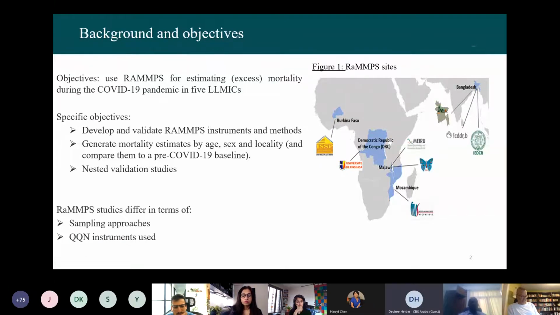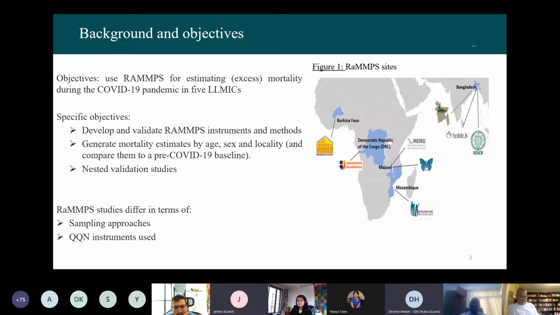So the objective of this project is to estimate excess mortality during COVID-19 in 5 lower middle income countries using mobile phones. This is really important in contexts where CRVS are not well functioning, and also during this pandemic.